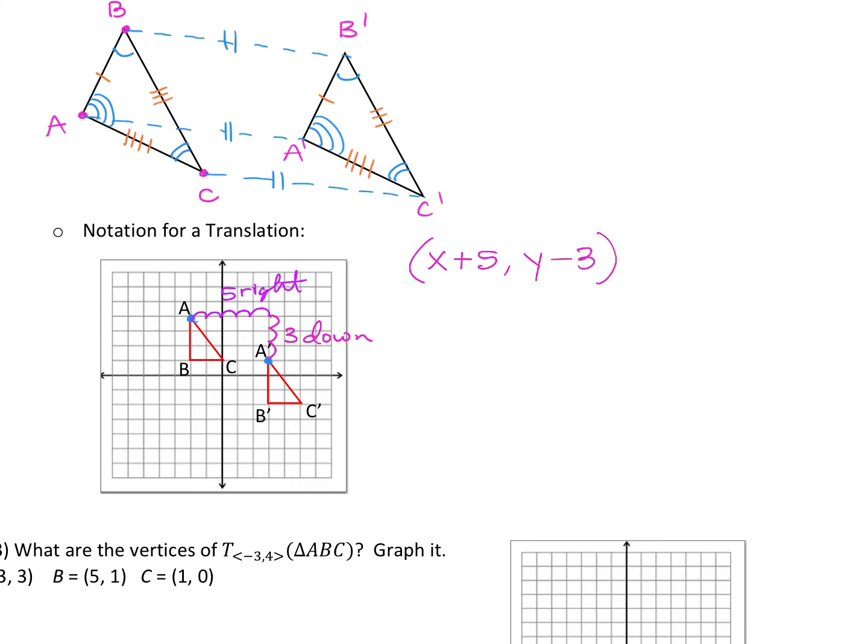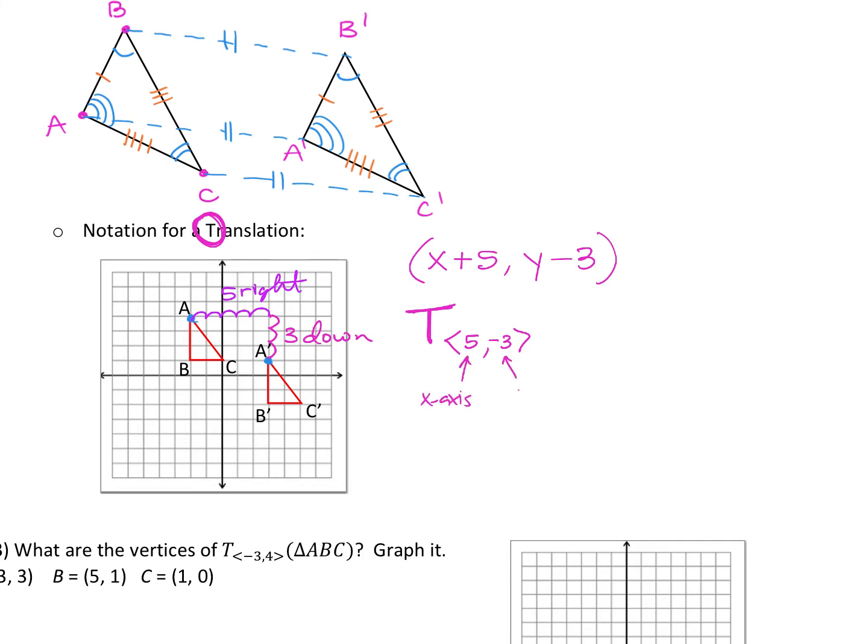Okay, so here's how you write a translation. Translation's always going to be a capital T. And then we put these funky little pointy brackets down here. And that's what tells us where to move. So it's going to be a positive 5 for our X because we moved 5 to the right. And it's going to be a negative 3 for the Y. Okay, so this is where you're moving on your X axis.